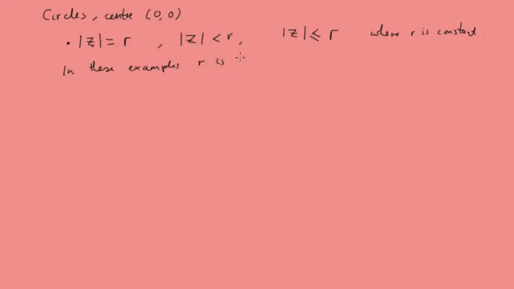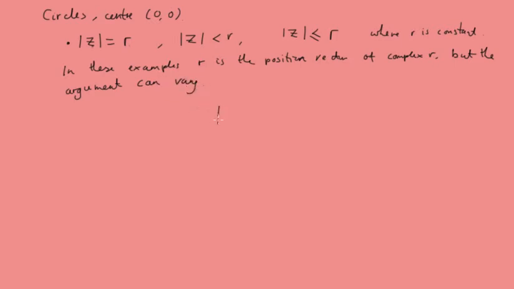However, the argument can vary. In these examples, r is the length of the position vector of the complex number, but the argument can vary.